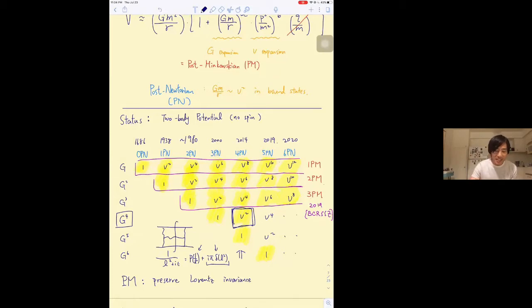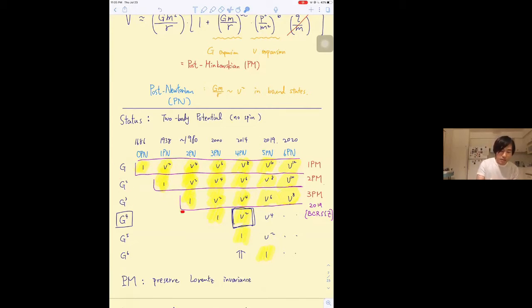Those are very good. So back to this PM versus PM discussion. The PM part, so this 1 PM, 2 PM, 3 PM basically correspond to the tree level, 1 loop, and 2 loop.